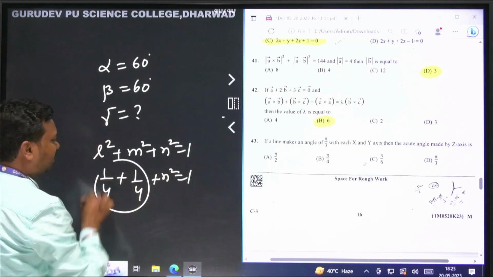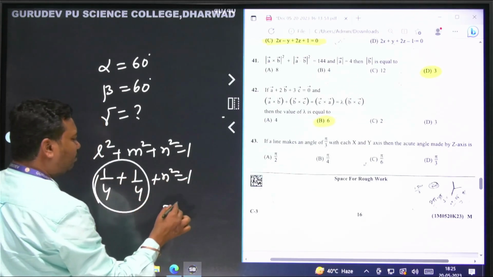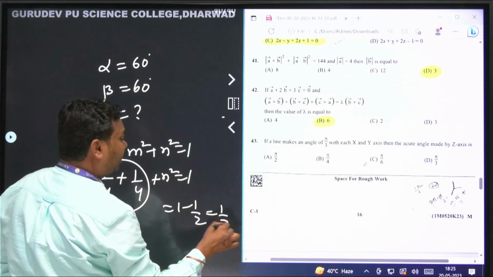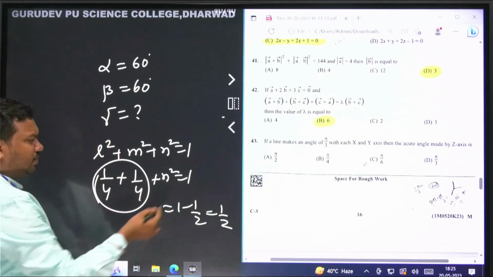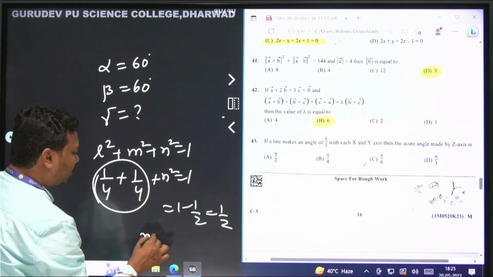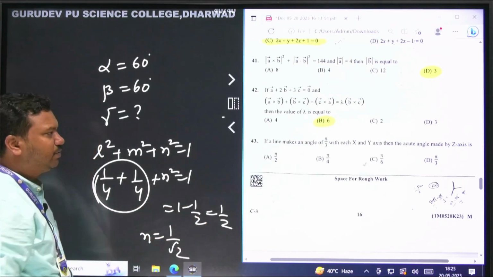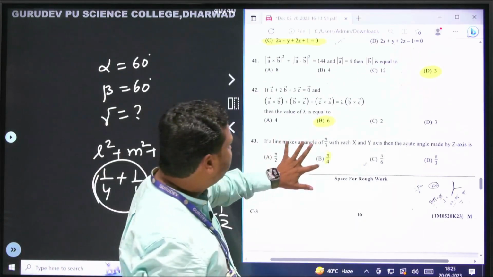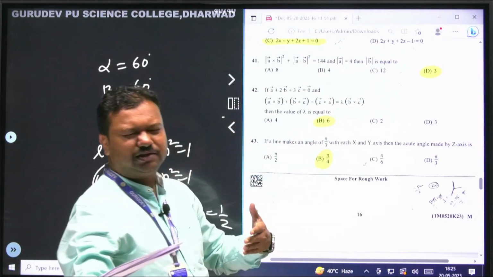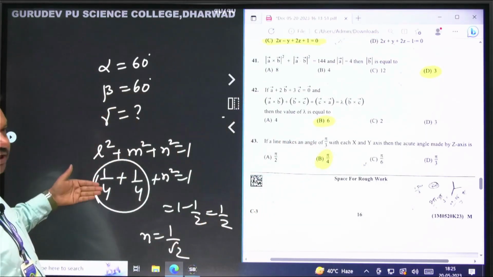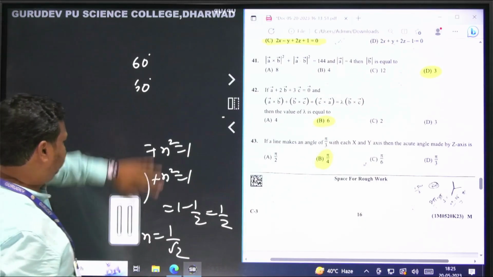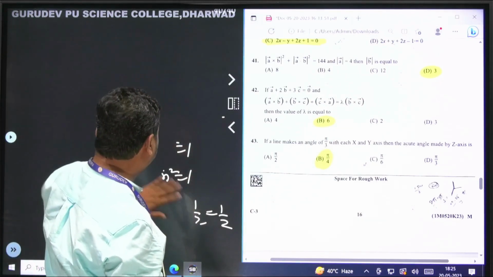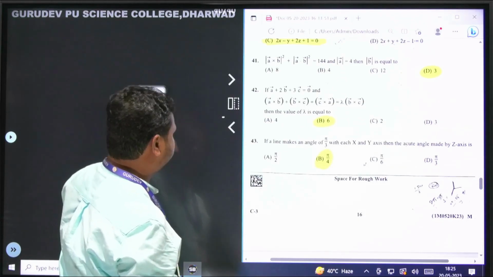So 1 by 4 plus 1 by 4 is 2 by 4, which is 1 by 2. 1 minus 1 by 2 is 1 by 2. Clear? So n square equals 1 by 2, so n equals 1 by root 2. So your answer is pi by 4. Pi by 4 is the right answer. So simple a question. Which relation are you using? l square plus m square plus n square equals 1. Correct? Done. So let me go for the next question.